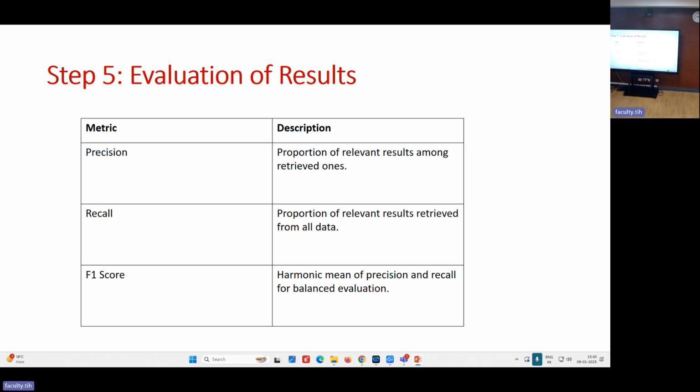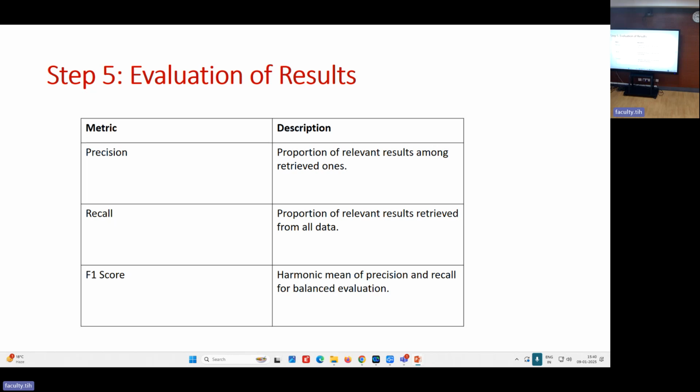But what does it exactly mean? It means that you are giving the weightage to precision and recall, both metrics, equally. You can analyze this. If you are giving 1, you are giving the precision score and recall score both equal weightage.